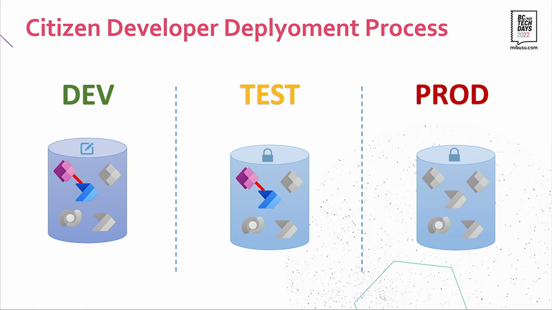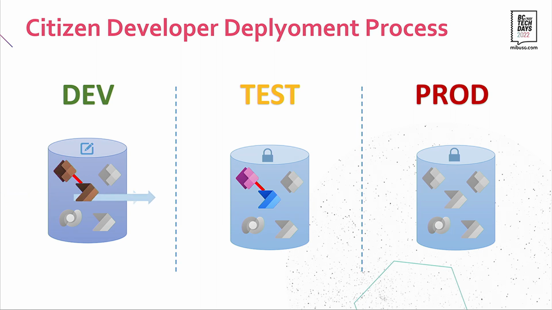Another issue might be the development process of a citizen developer. It is easy to create a Power Automate flow. It is easy to create a Canvas app. And it is easy to use a flow from a Canvas app. What happens is you have a dependency in between. And citizen developers normally start by deploying things manually because they export the flow and import the flow inside of the test environment.